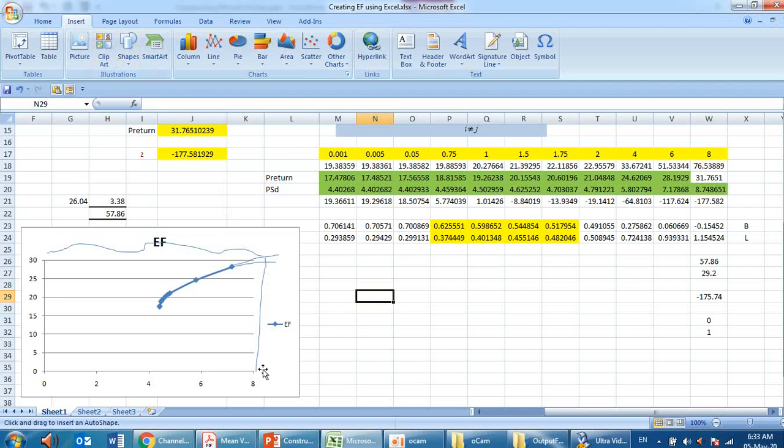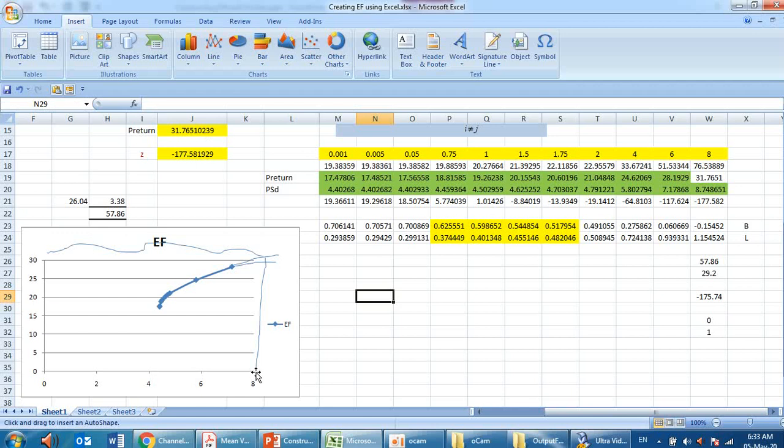So we are getting more return for the same level of risk. So short sales allowed are basically superior and give us a better efficient frontier as compared to short sales not allowed.